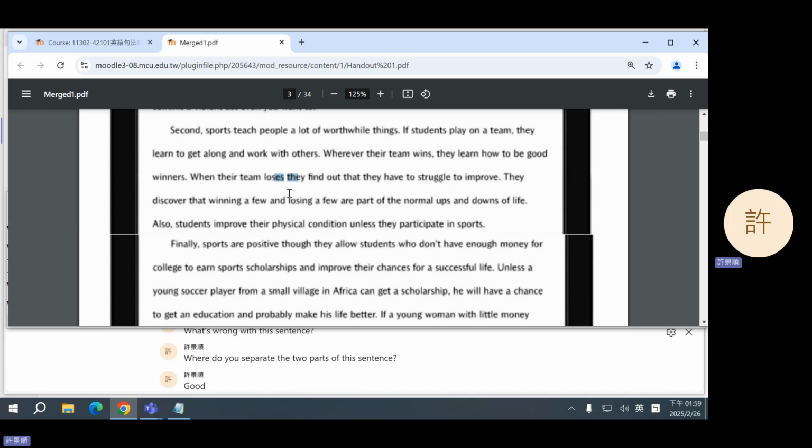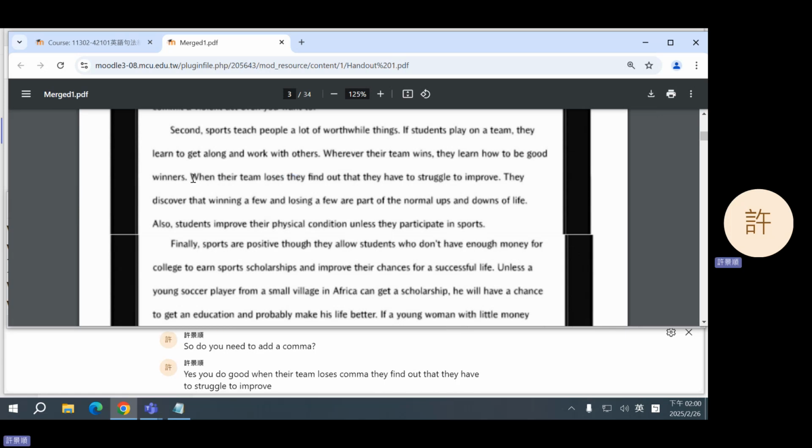Then the question is, do you need to add a comma? Which part is the main sentence? The first half or second half? Second half. So the main sentence does not come at the beginning. So do you need to add a comma? Yes, you do. Good. When their team loses, comma, they find out that they have to struggle to improve. Right? The first half is when, it's a time.